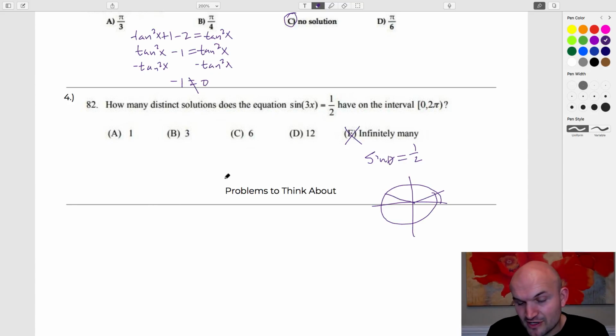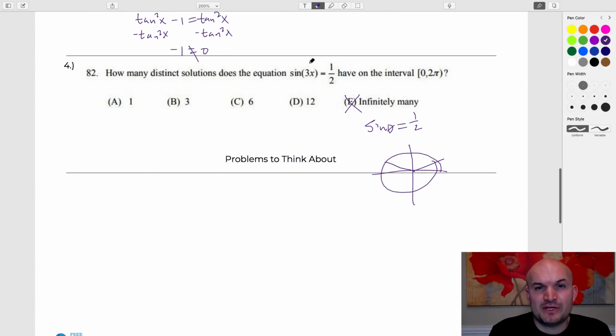Even though we don't need to figure out the answers, we just need to figure out how many. So it's 3x equals pi over 6 plus 2 pi n, and 3x equals 5 pi over 6 plus 2 pi n.